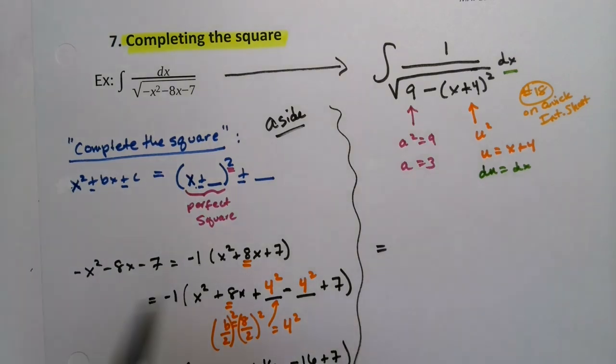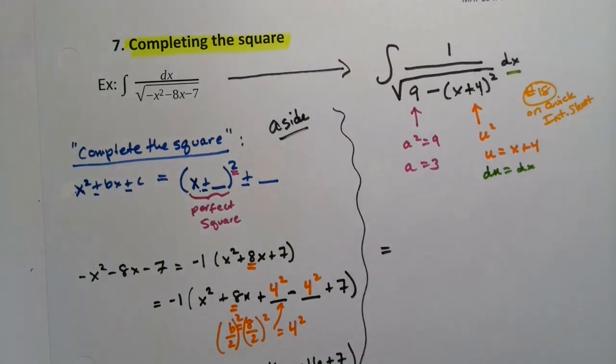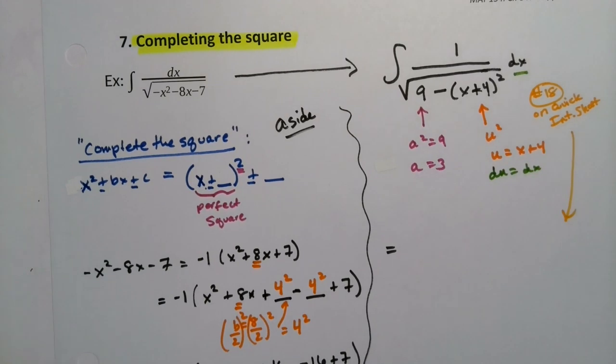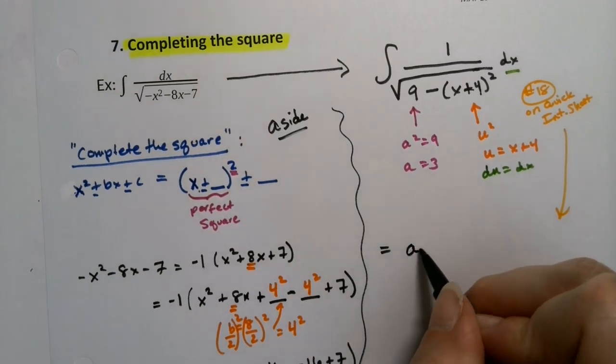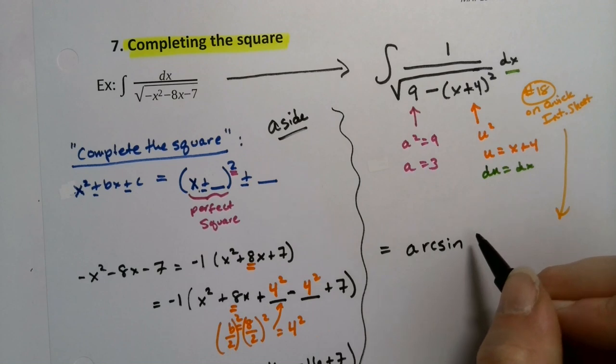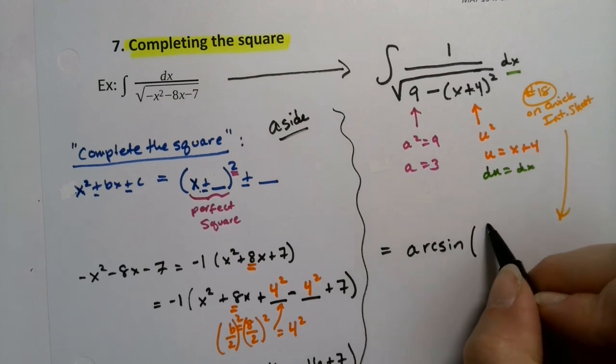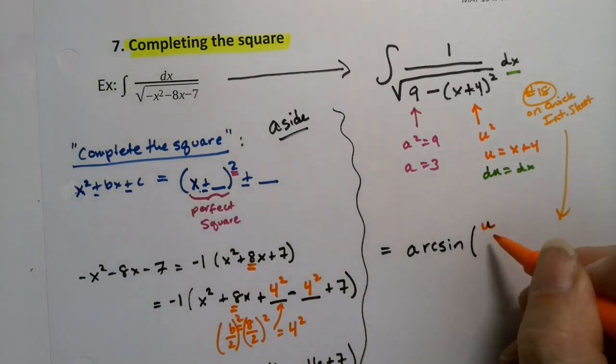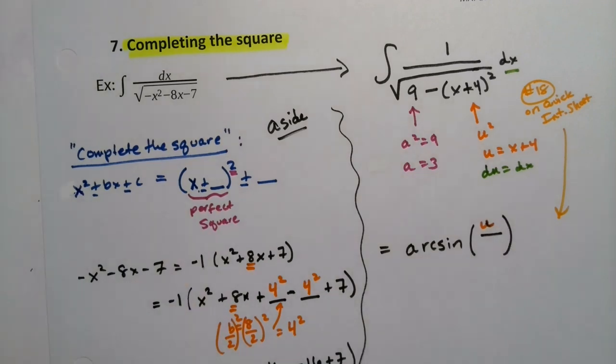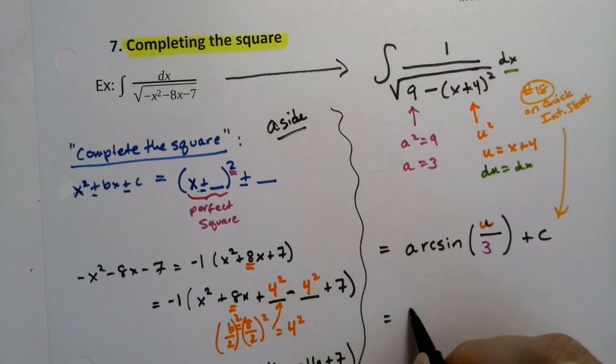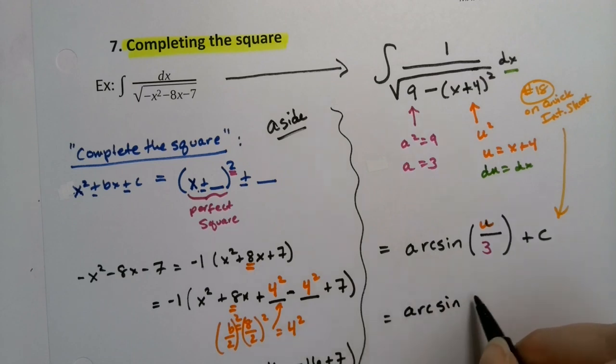So by formula number 18 on your quick sheet, the integral is the arc sine of u over a, which for me was 3, plus c. And then I'll just rewrite that with what u was, and I'm done.